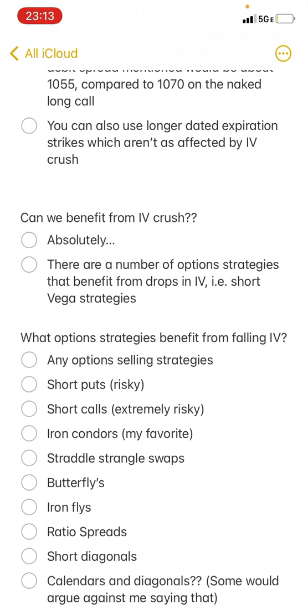You can also use longer dated expiration strikes, which aren't as affected by IV crush, right? So those near term option contracts, those IV crush the most, okay? Longer dated ones, those don't experience that IV crush as much, if at all, right?